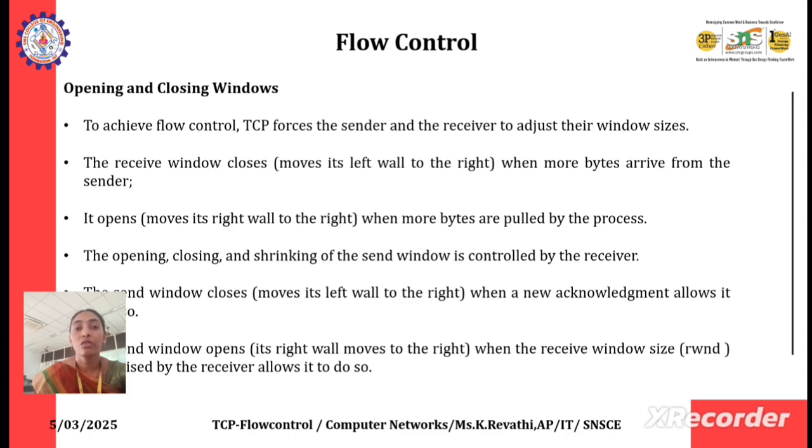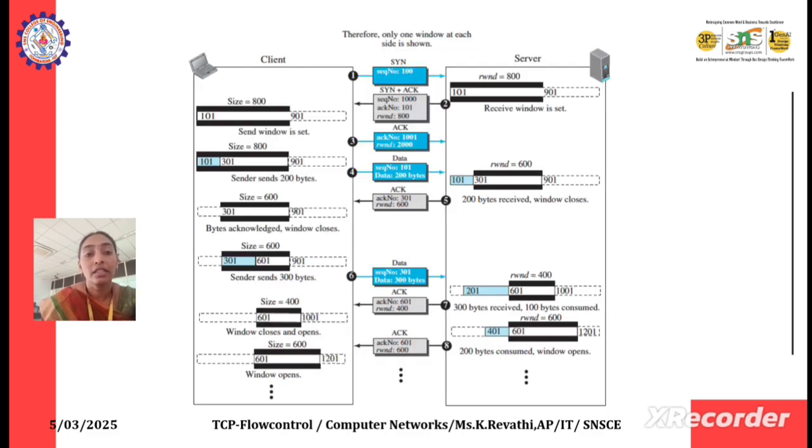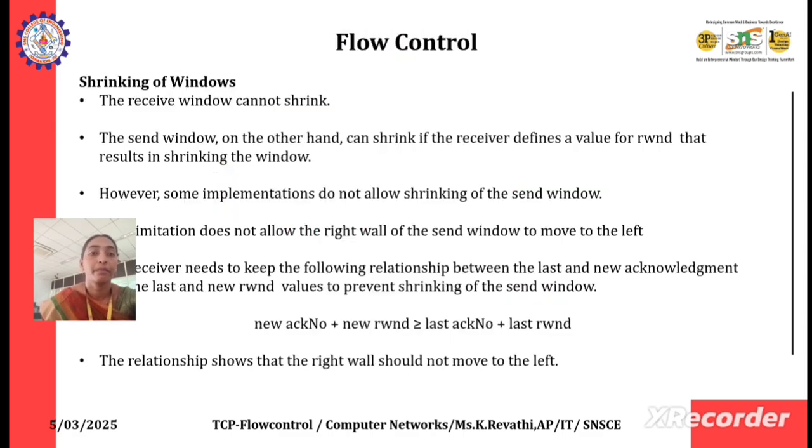The send window closes when a new acknowledgement allows it. The send window opens when the receive window advertised by the receiver allows it to do so. Then this diagram will explain how the windows are opened and how the windows are closed after the transmission.